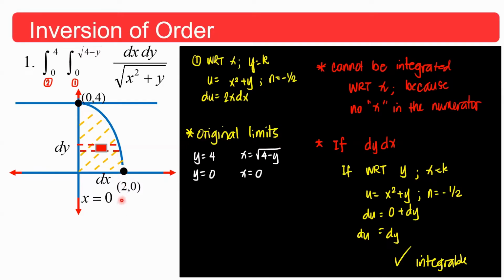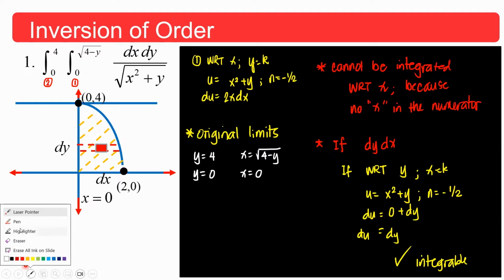So it's this. y equals 0 is the horizontal line. y equals 4 is the horizontal line on top. So let's look at dx dy. Look at the square. The square travels along the x first. It travels left and right. And then once it has completed the rectangle, it would travel up and down to fill out the area.